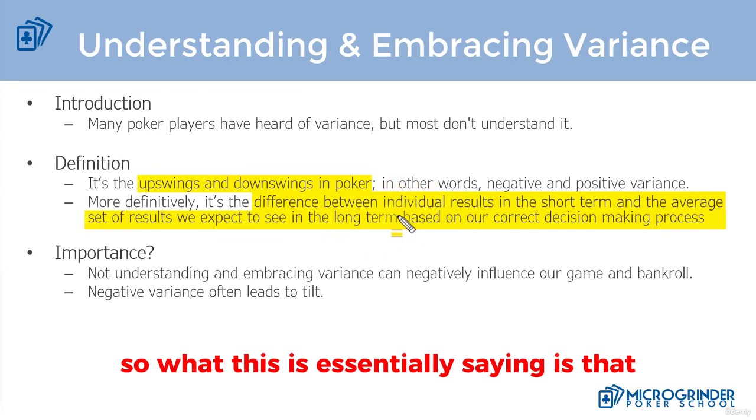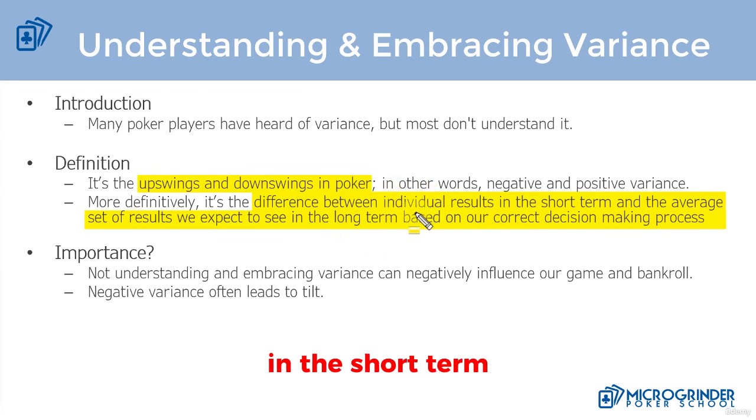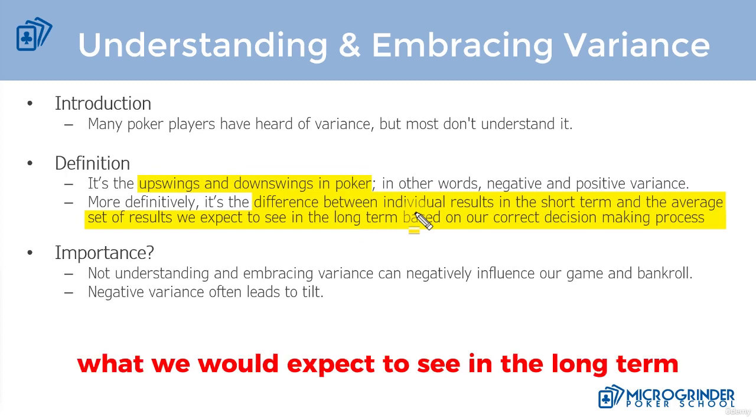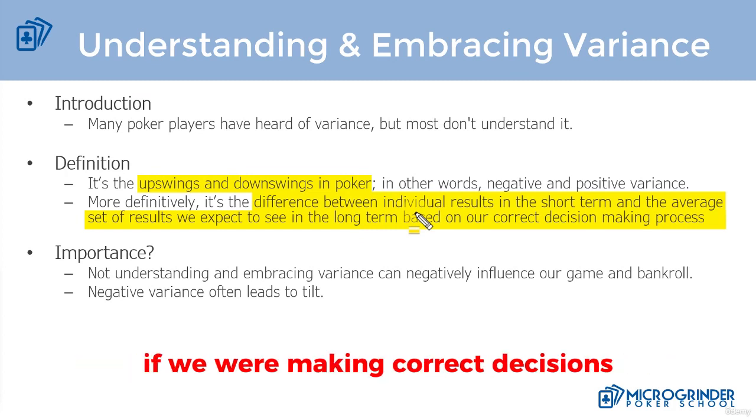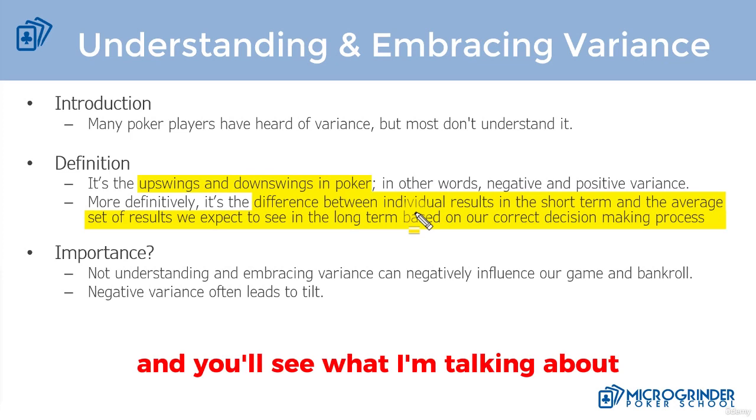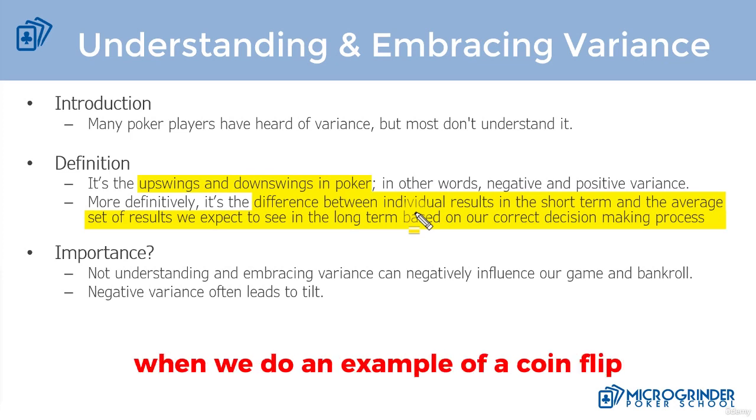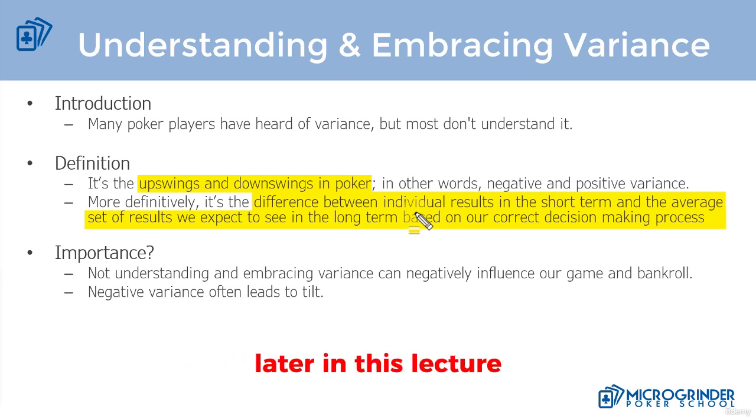What this is essentially saying is that in the short term, we're not always going to see what we would expect to see in the long term if we were making correct decisions. And you'll see what I'm talking about when we do an example of a coin flip later in this lecture.